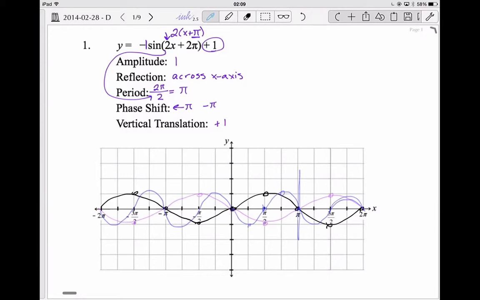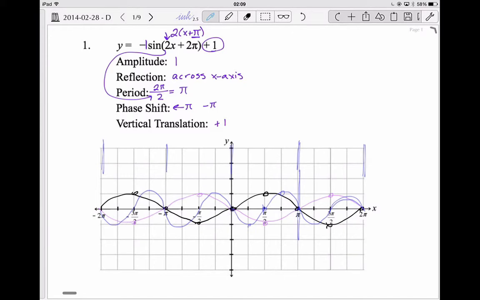Now I'm going to do the phase shift and the vertical translation, all kind of in one fell swoop. So the phase shift has me scooting everything that way pi, and you'll notice that from here to here is pi, and there, and there, and there. So I'm scooting everything over one whole pi, and I'm going up by 1. Well, let's see.